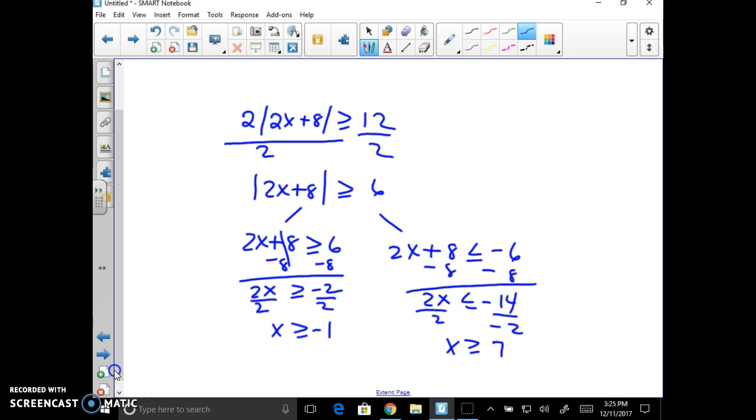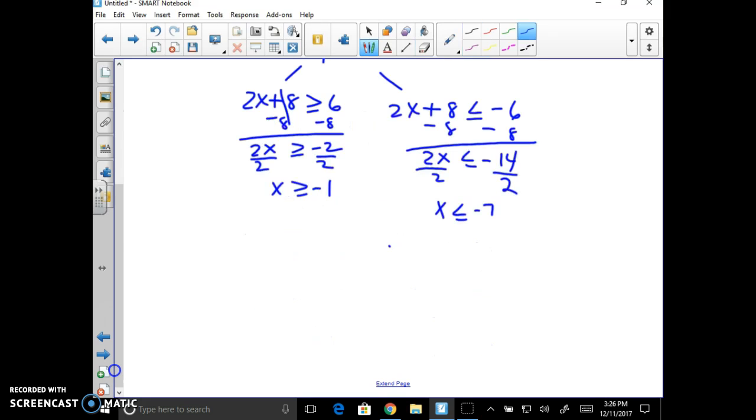Okay, so, wait. Did I make a mistake? I divided by a negative 2. I see my mistake. So I'm dividing by 2 on both sides, and x is less than or equal to negative 7. Always check, okay? All right, so let's graph it. So I've got negative 1, and then negative 7, we're going to say is over here.